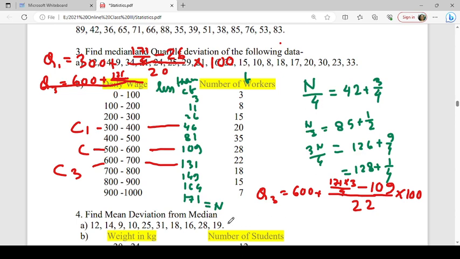And the quartile deviation is, you compute this value, half of Q3 minus Q1. So we have the quartile deviation.